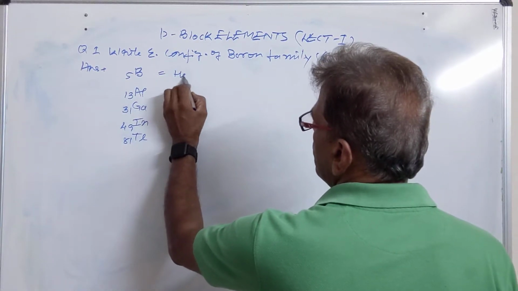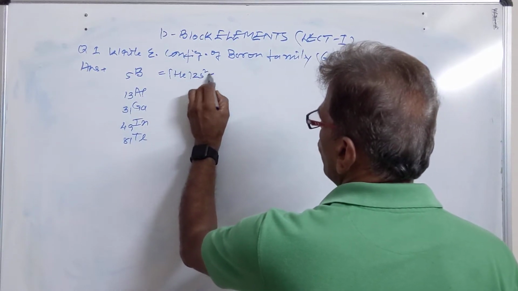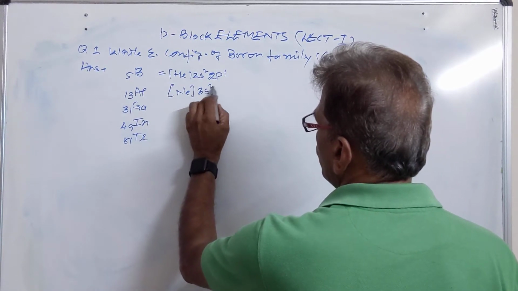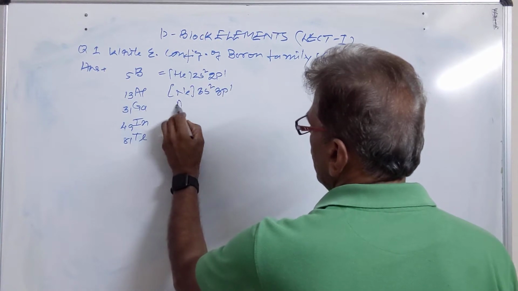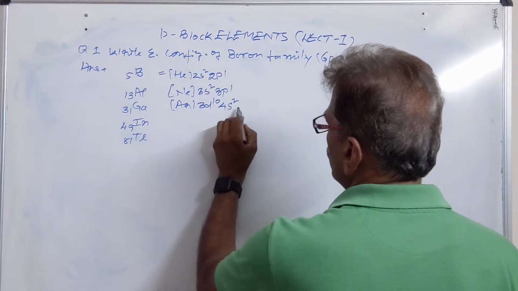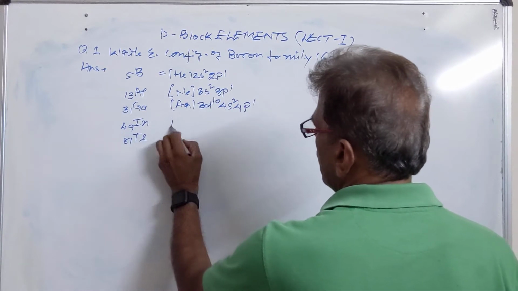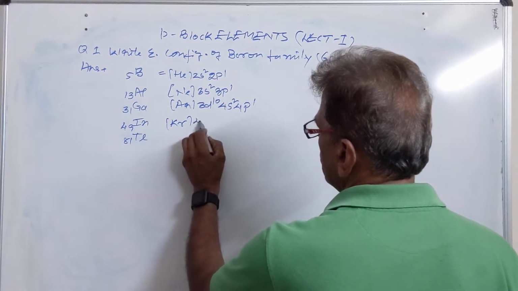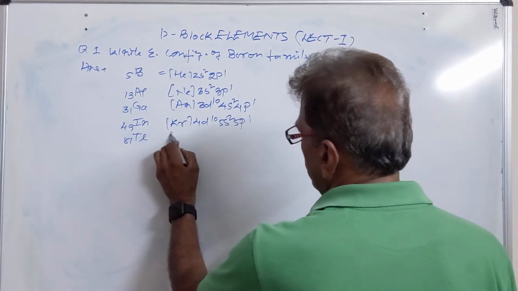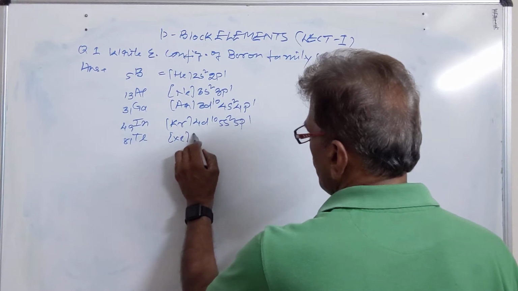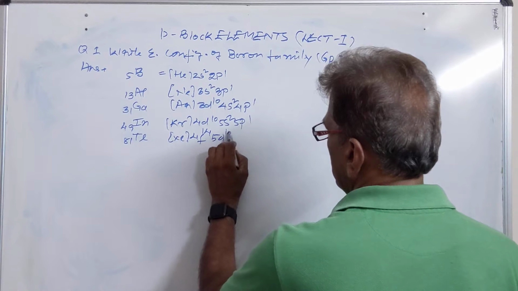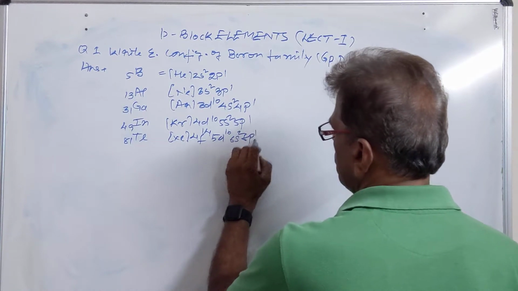Configuration is helium 2s2 2p1, then neon 3s2 3p1, then argon 3d10 4s2 4p1, then krypton 4d10 5s2 5p1, then xenon 4f14 5d10 6s2 6p1.